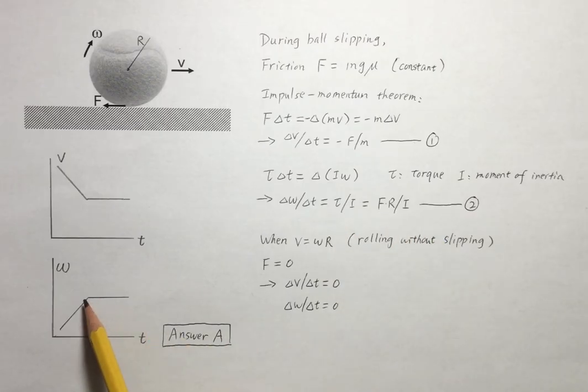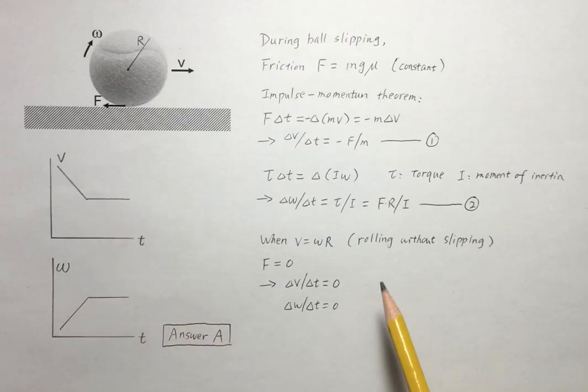So for this part, omega also becomes flat with a slope of 0. Here the slope is also 0. So that's how we get the answer A here.